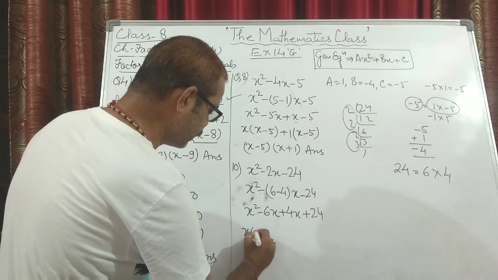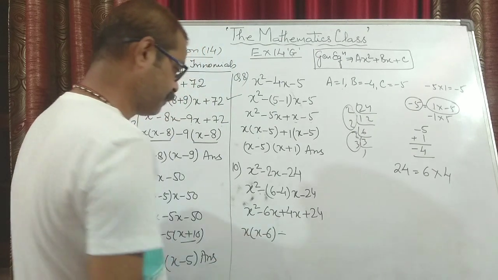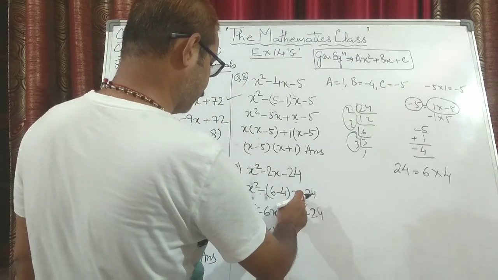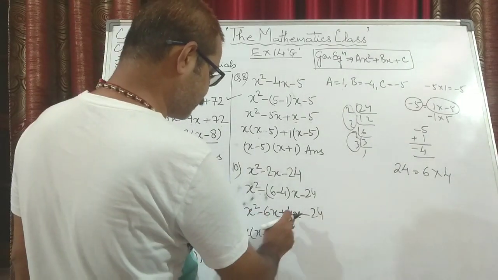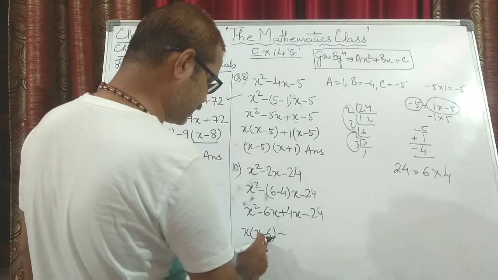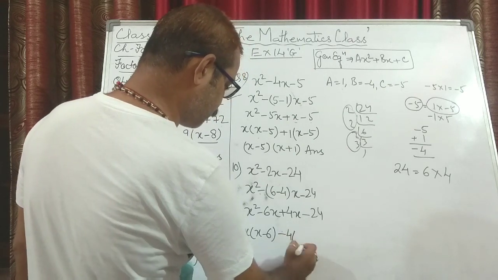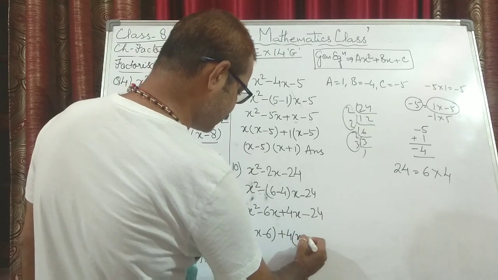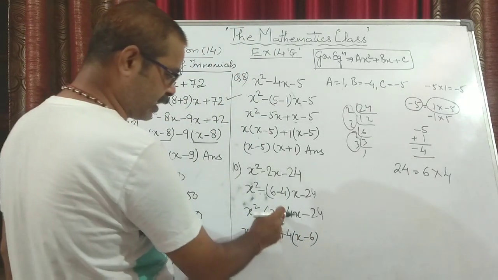We take x common, x minus 6, then minus common, minus 4 we can take common. So plus 4 we can take common, so that we will be left with x minus 6. You have to be very careful about what you are taking common.